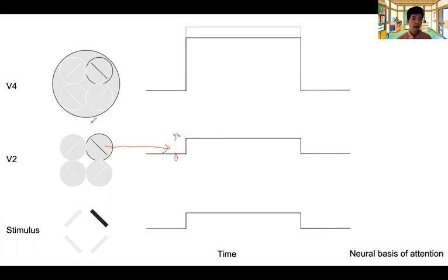But the input into these V4 neurons from the other 3 locations is much weaker, and this one is the only one that produces a very strong 50 hertz input. As a result, it produces a slightly lower firing rate compared to when it receives very strong input from 4 squares and so on.